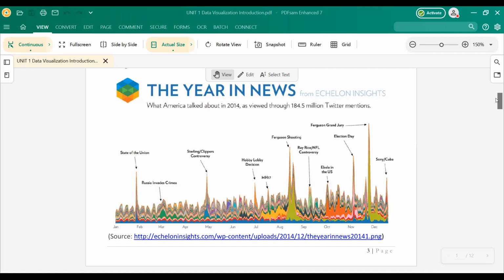So it seems in 2014, the whole America talked about on Twitter. There are some spikes specific to some of the topics. Correct, correct. So you have those hashtags, right? So this plot is taking all the hashtags that came out of the US in 2014, and by every day, right?